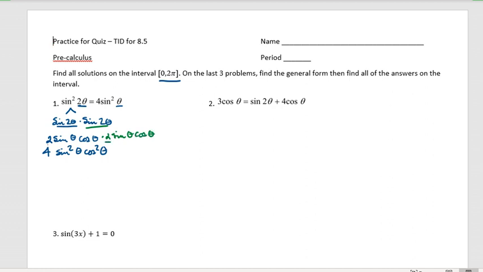So the 2 times 2 is 4, and then sine squared cosine squared is what you have left. Now, what I haven't done is use this other side at all. I've left it alone for right now. So this is going to follow all the way down equals 4 sine squared theta.